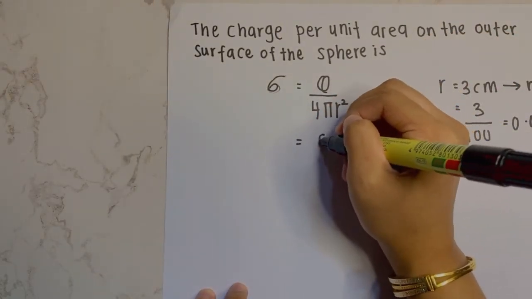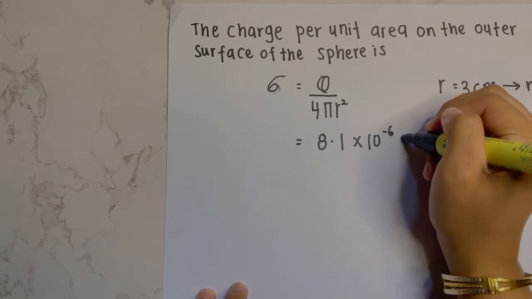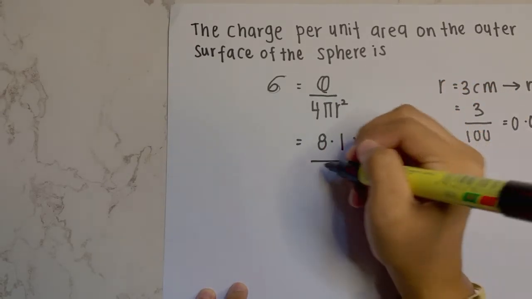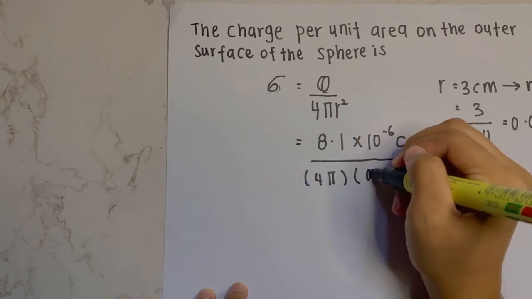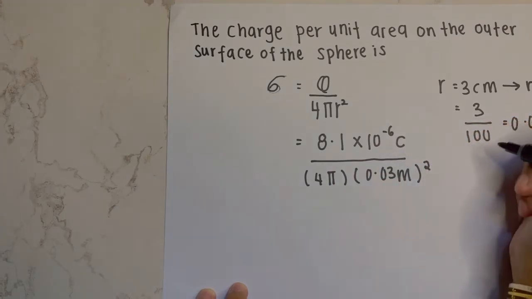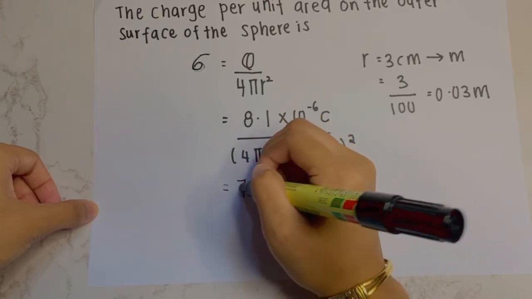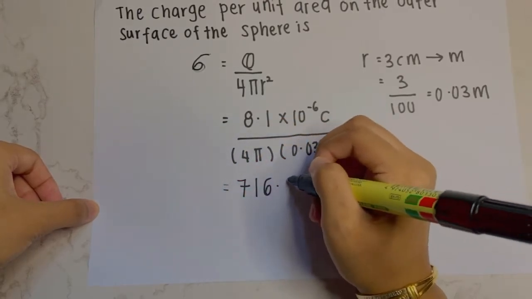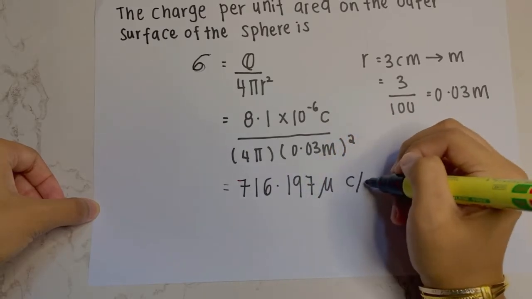Then we put the values in the formula. The charge we already calculated, 8.1 microcoulomb, divided by 4 pi times 0.03 meter squared. I already calculated with the calculator and got 716.197 microcoulomb per meter squared.